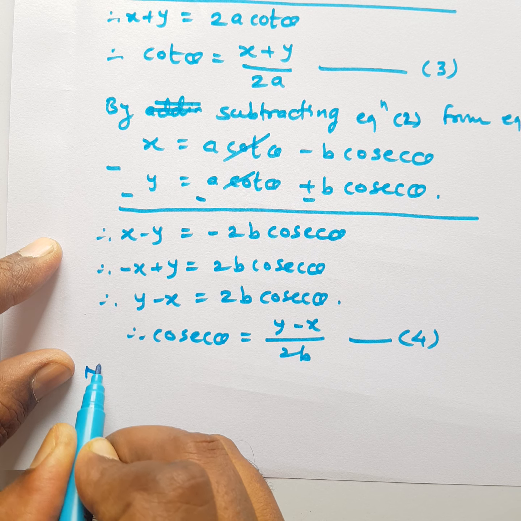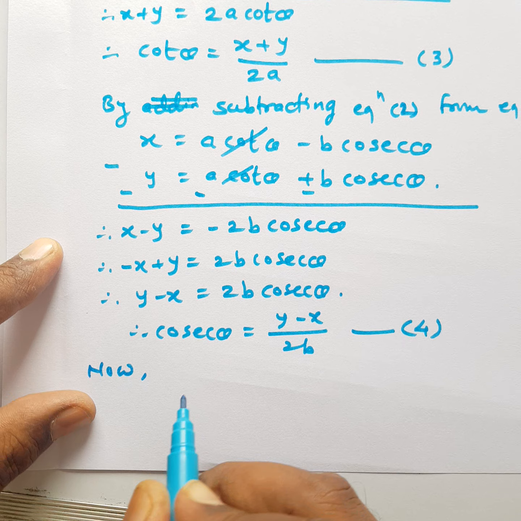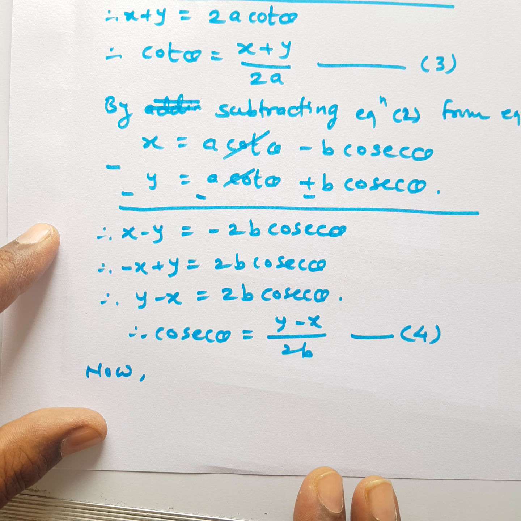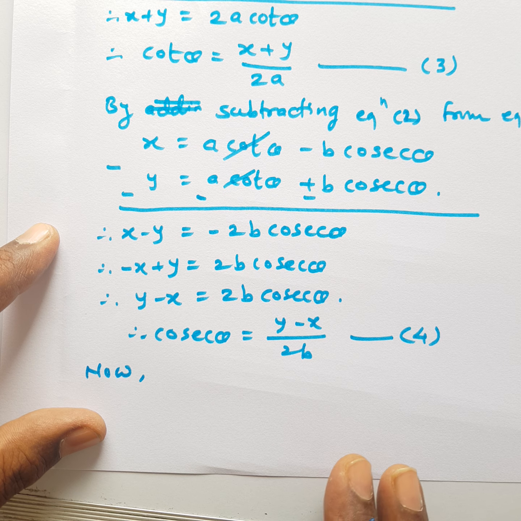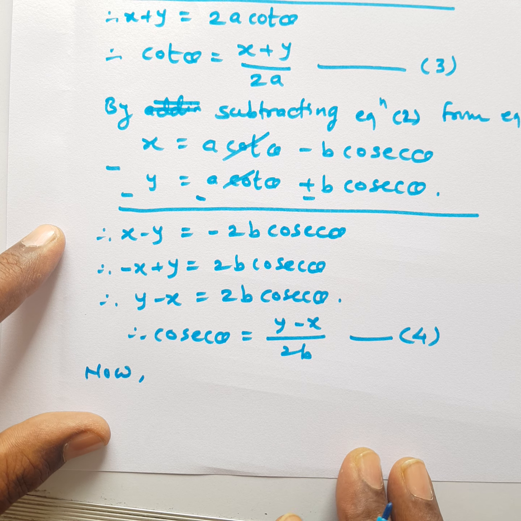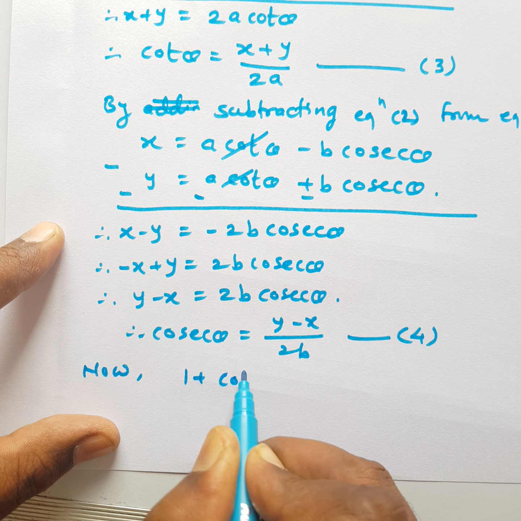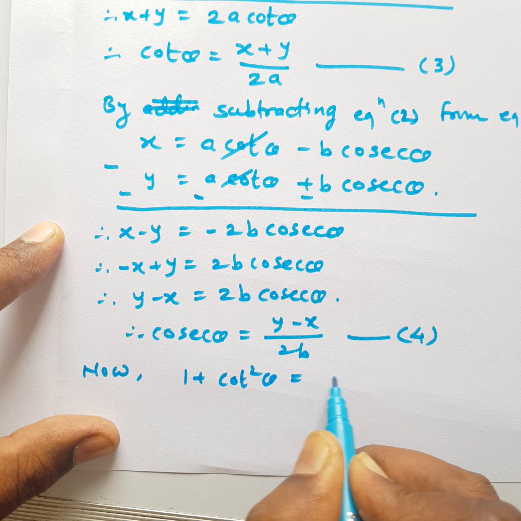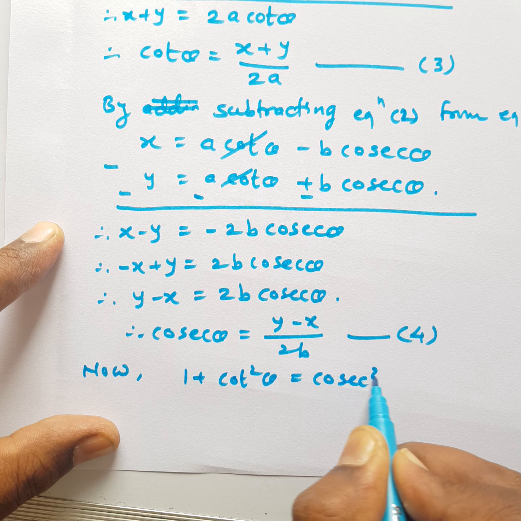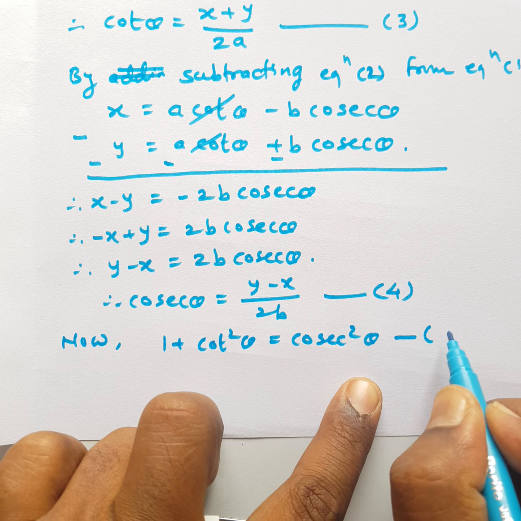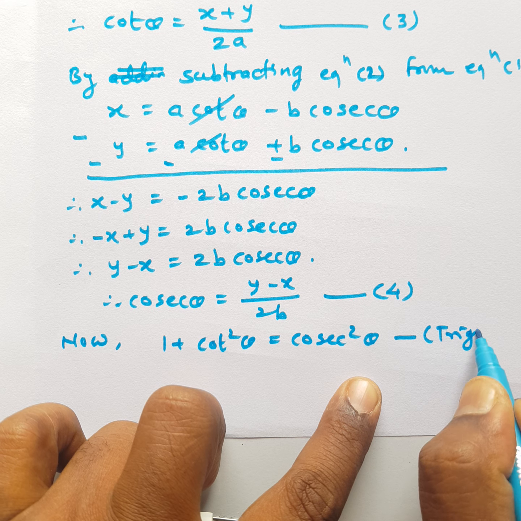Now we know the relation between cosec square theta and cot square theta. What is the relation? 1 plus cot square theta is equal to cosec square theta. It is the third trigonometric identity.